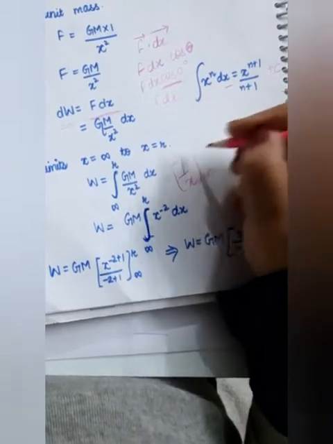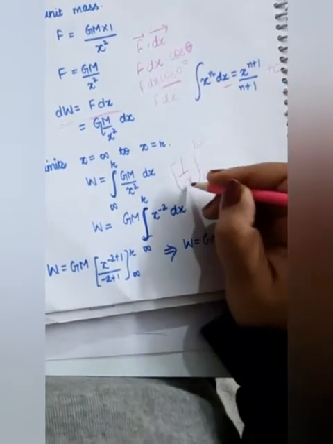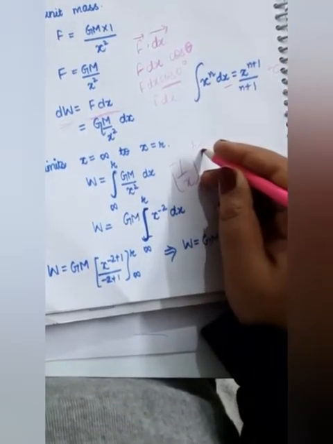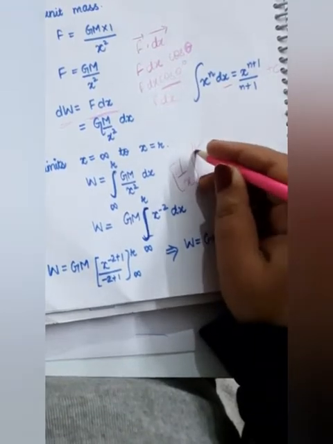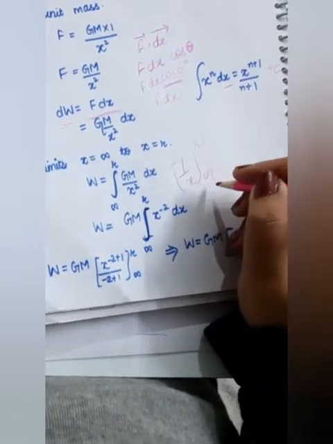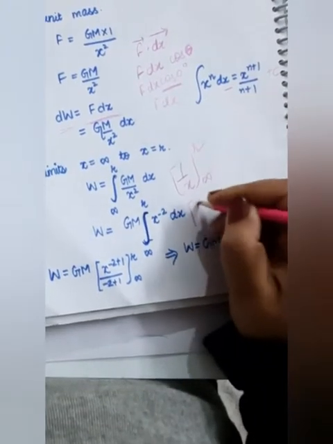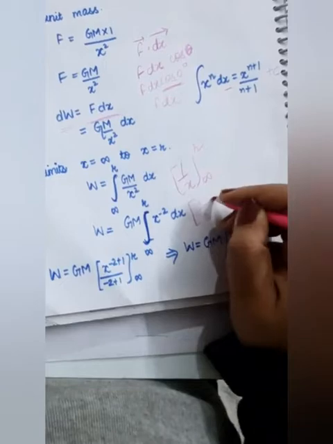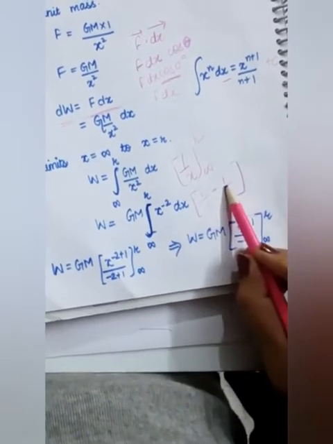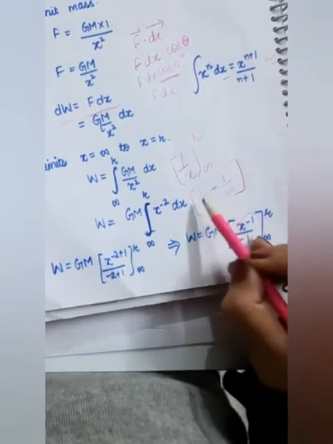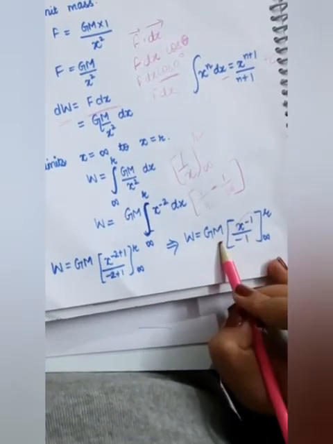Now, how to solve these limits? Wherever you are seeing x, put these limits, okay? And the solution has to go like upper limit minus lower limit. So this will become 1 upon r minus 1 upon infinity, right? So 1 upon infinity is 0. So 1 upon r is left with minus GM.